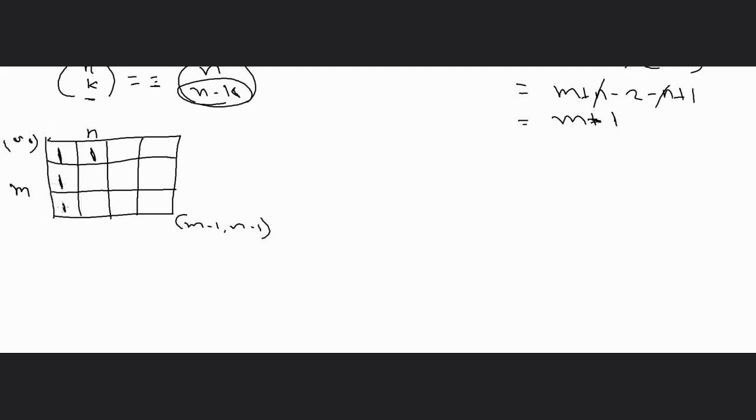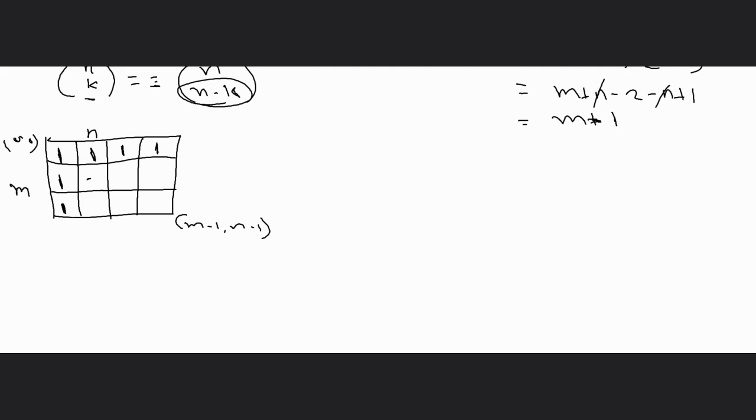For this cell also, there is only one unique path, because we can go right or down, so we go down, down, down and we reach this cell. For this cell also, there is one unique path. For this cell also, there is one unique path. So now for this cell, how many unique paths do we have?